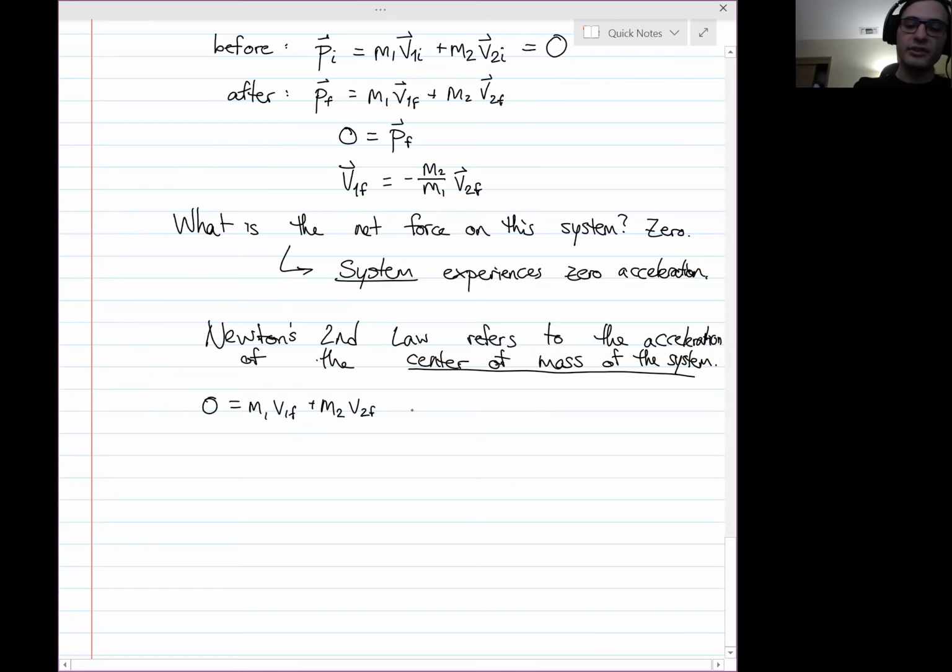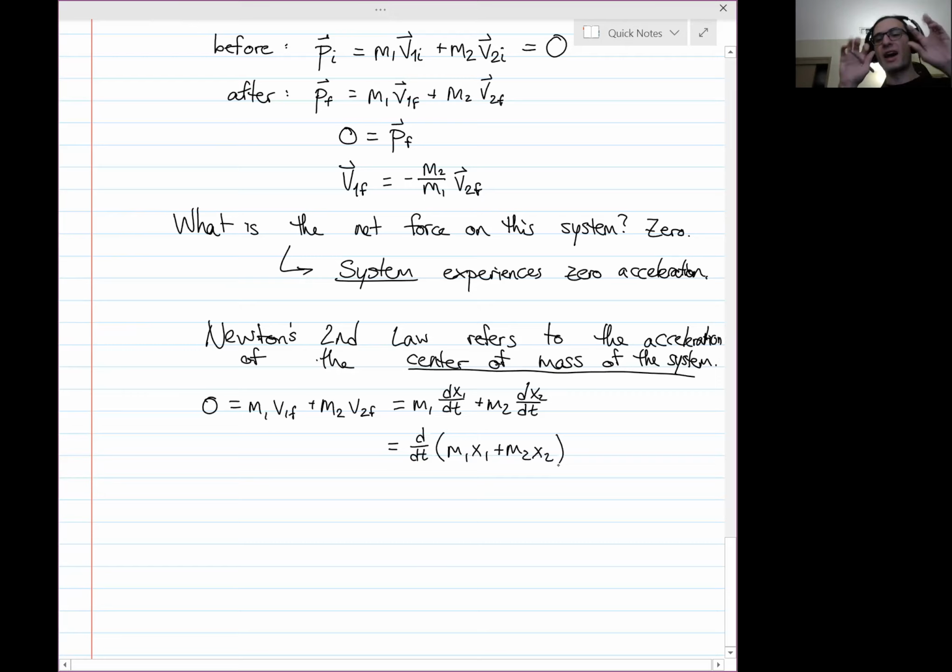So what is the velocity? The velocity is just the change in position over time. And so the velocity for block 1 is the change in position of block 1 over time, and similarly for block 2. And so if you guys notice, this is just the derivative of m1 x1 plus m2 x2, right?